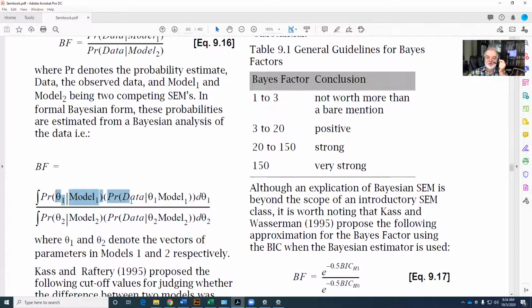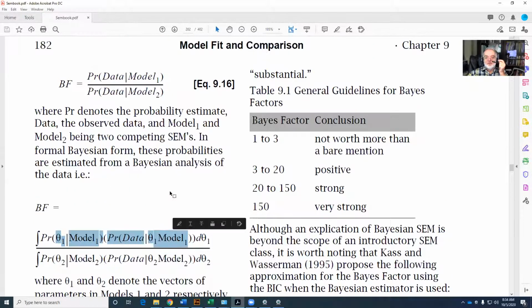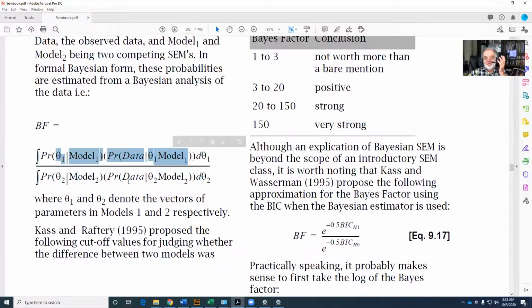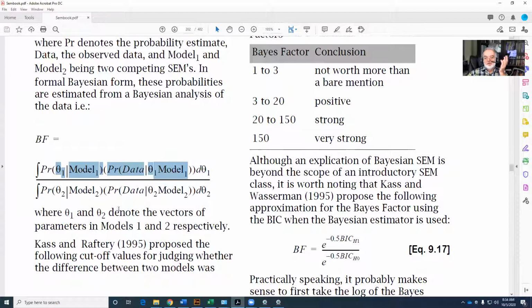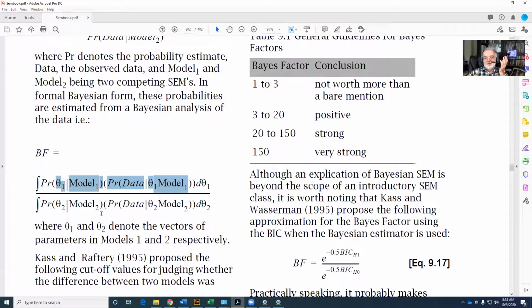This little bit in here is an application of Bayes' theorem. As a result, if you're comparing these probabilities, you'll end up with a number that will indicate how much better one model is than another.